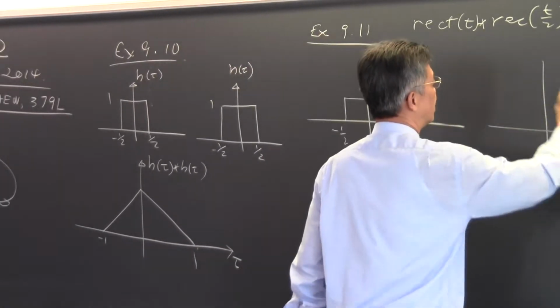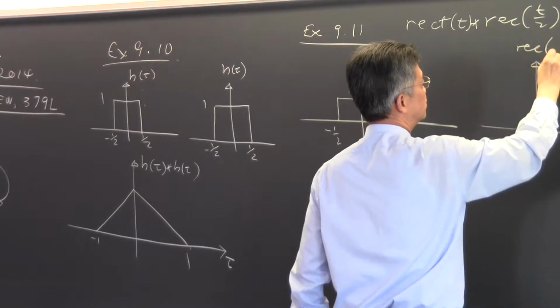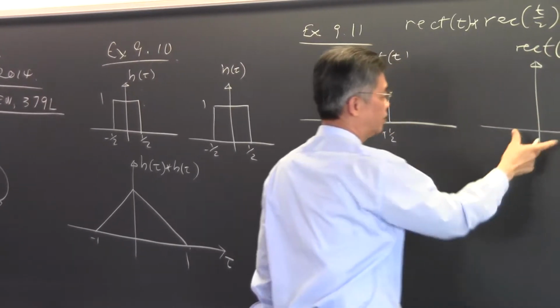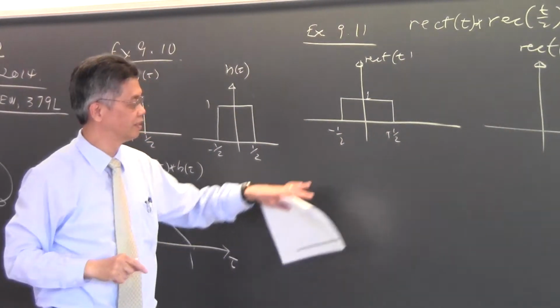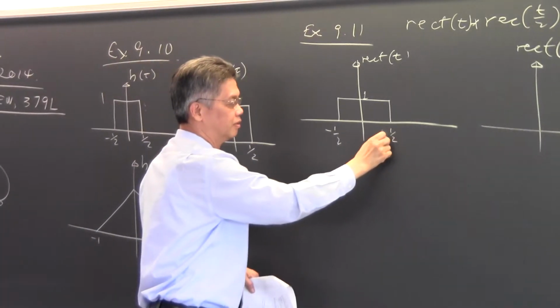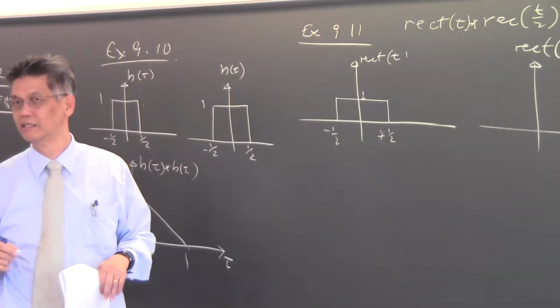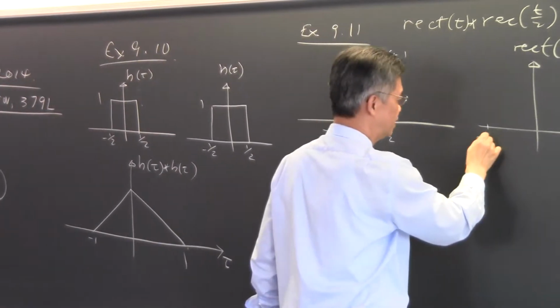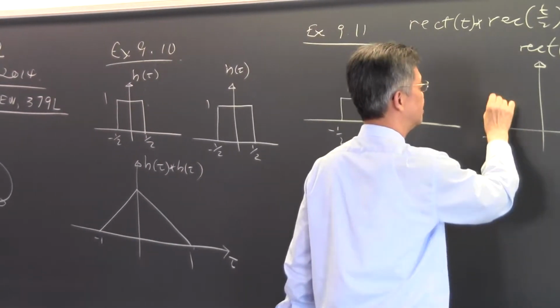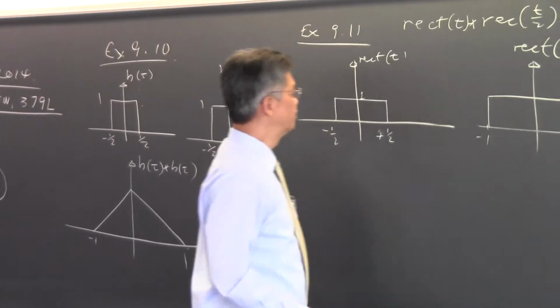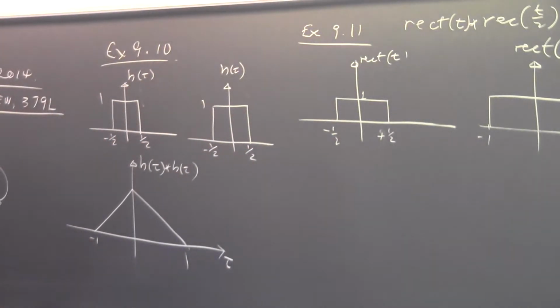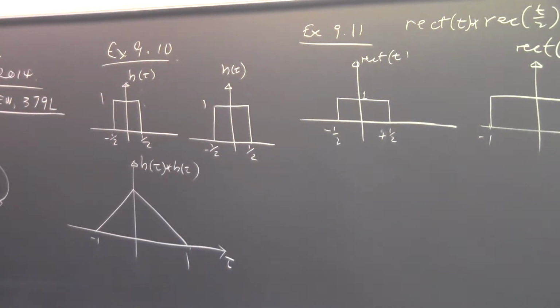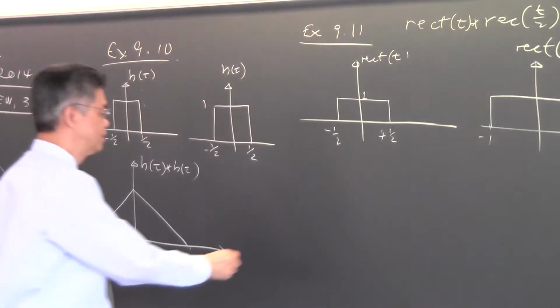And then rect of t over 2. What do you think the weight is? If this is minus half plus half, what is the weight of the other one? Minus 1 plus 1, very good. Minus 1 plus 1, and then this is how it looks like. And when you convolve two rect functions of different weights, what do you get? Do you get a triangle back, or do you get something else that's different from a triangle? A trapezoid, very good. Okay, you get a trapezoid back.